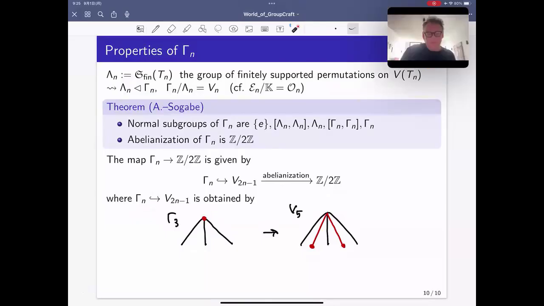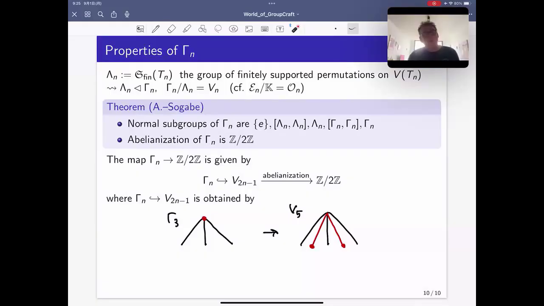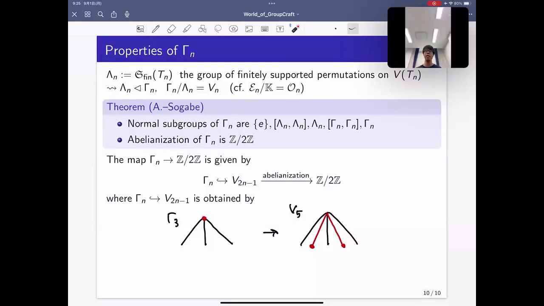I have one question. Are you able to give any finiteness properties? Maybe it's not F infinity or something like that. I don't know much about that. Even I don't know if it is finitely generated. Oh, I haven't confirmed it precisely yet, but I believe that this is finitely generated, but I haven't confirmed yet.